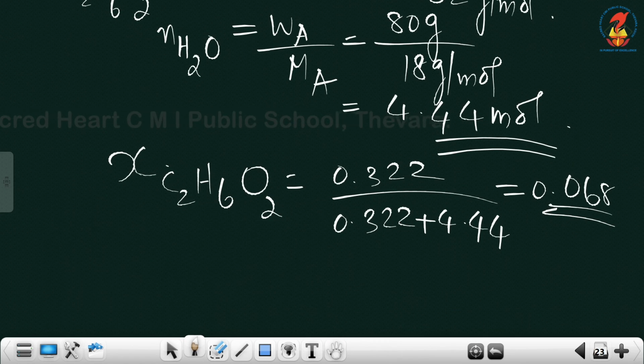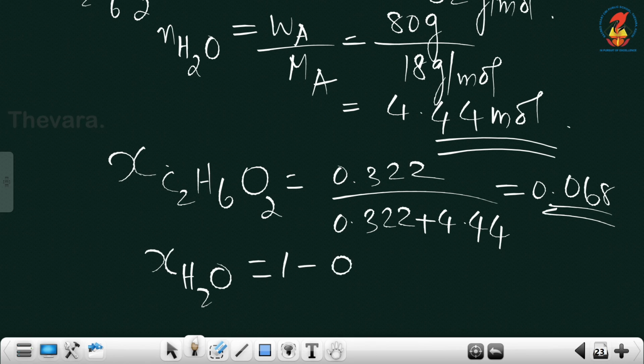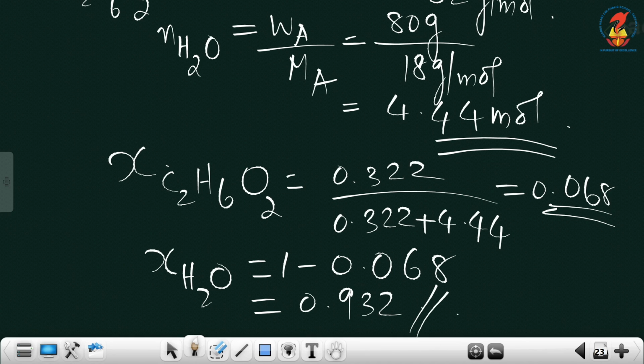Now you got ethylene glycol mole fraction. So now you can find the mole fraction of water. So X of H2O will be equal to 1 minus 0.068 because we know XA plus XB is equal to 1. So this will be equal to 0.932 and no unit for mole fraction.